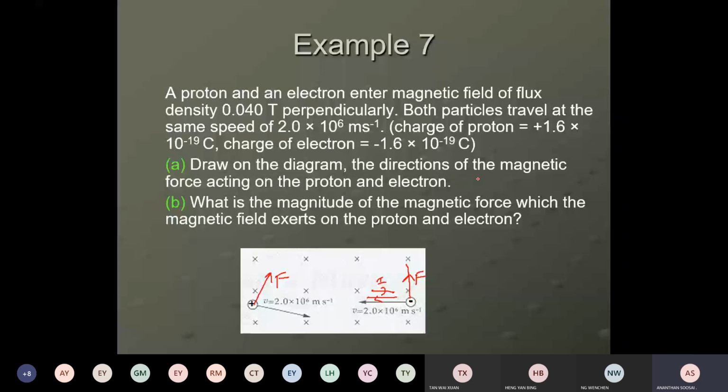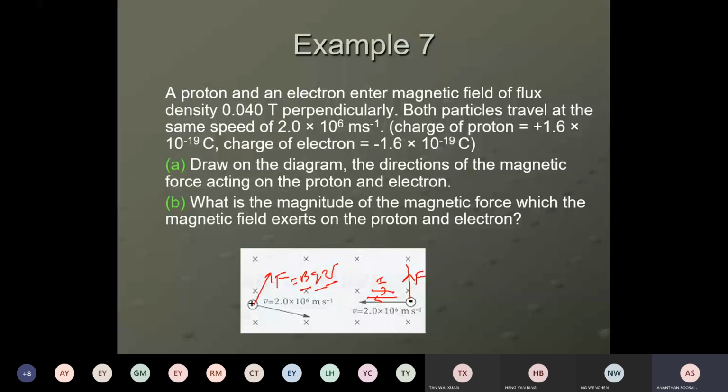Okay, draw on the diagram the direction of the magnetic force acting on the proton and electron. What is the magnitude of the force which the magnetic field exerts on the proton and electron? So how much is the force? Use BQV to calculate it. Both of them have the same speed, the same charge, and the same magnetic field strength.